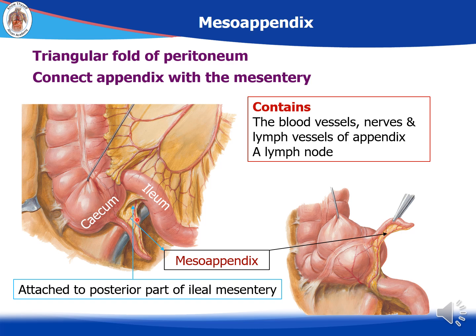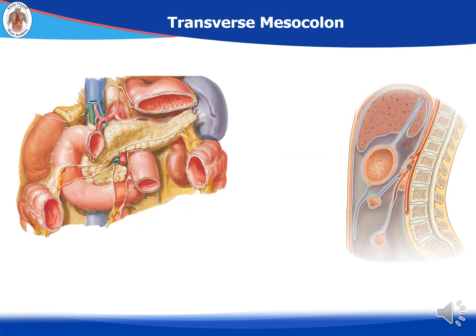If they ligate away, they leave some branches at the base, and when they cut it, there will be severe bleeding. So they should be aware of the position of the vessels and branches. Besides that, the mesoappendix also contains nerves, lymphatics, and a few lymph nodes.